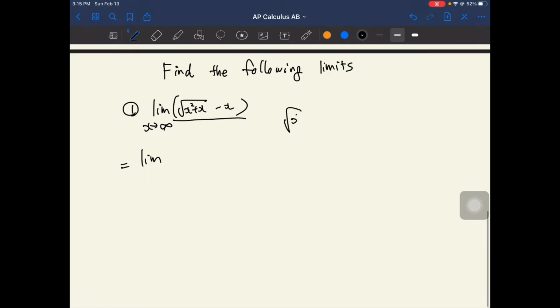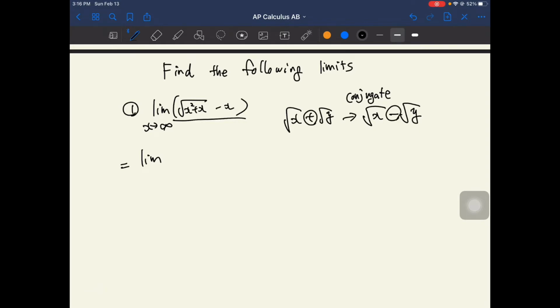If it's, for example, square root of x plus square root of y, the conjugate is going to be square root of x negative square root of y. You have to change the sign here. That's the conjugate.